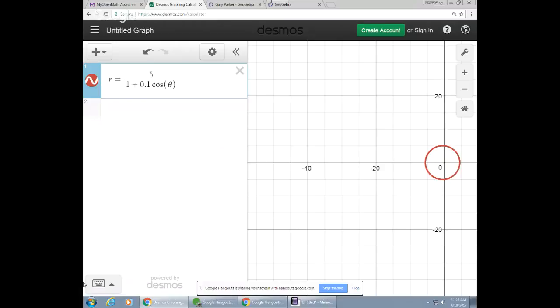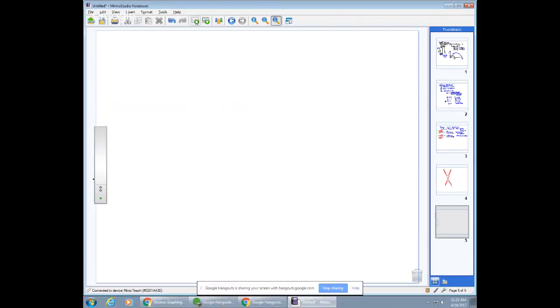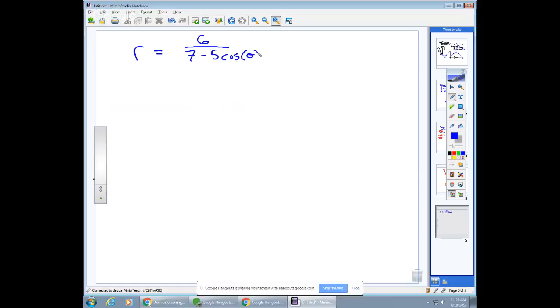Let's consider, new page, new color, r equals 6 over 7 minus 5 cosine theta. So the first thing we want to do before we graph it is see if we can identify what kind it is.